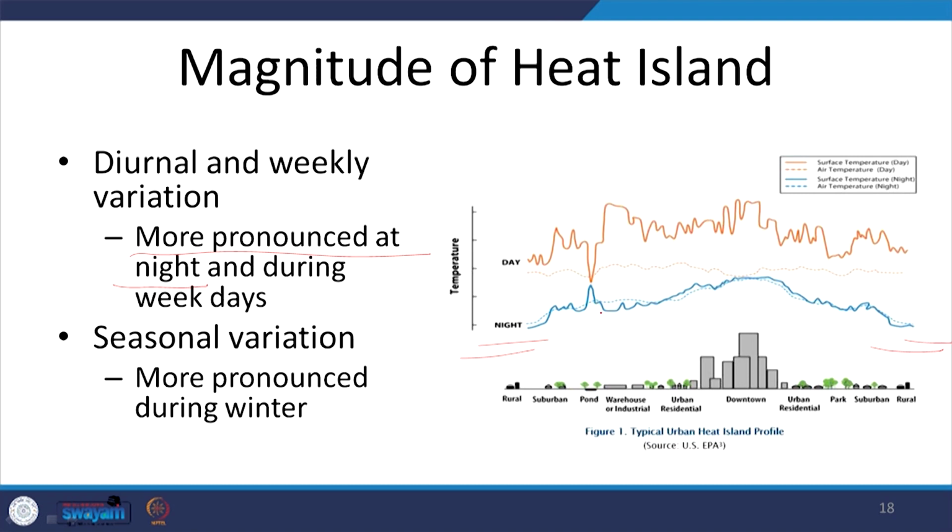That is when the difference between the rural areas and suburban area is more pronounced as compared to the daytime when the solar radiation is present, so it will not be that steep. There is seasonal variation as well. UHI, urban heat island, is more pronounced during winters for the same reason that the rural areas and suburban areas are cooler, they are colder.